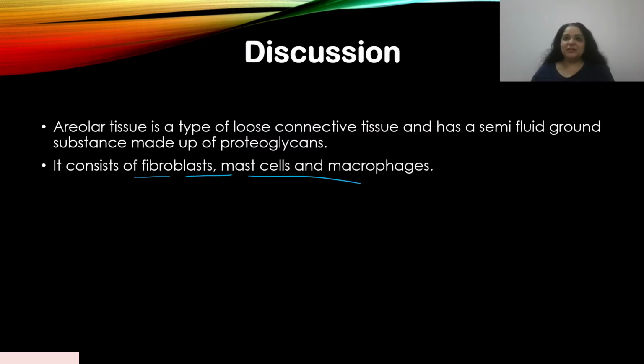So apart from those loosely arranged fibers, it also contains other extracellular material. Fibroblasts are there, mast cells are there, macrophages are there. So it's designed in such a way that it allows for extracellular material to exist around it, like macrophages, mast cells, and fibroblasts. So think of it that way.